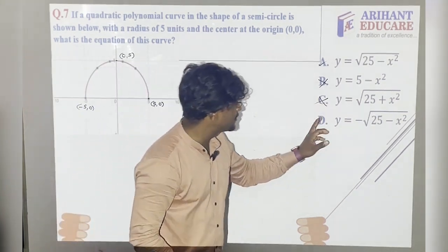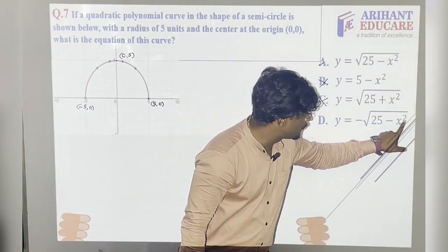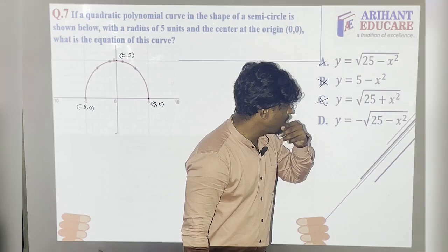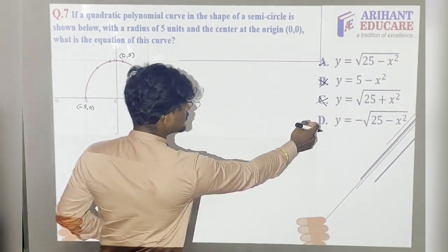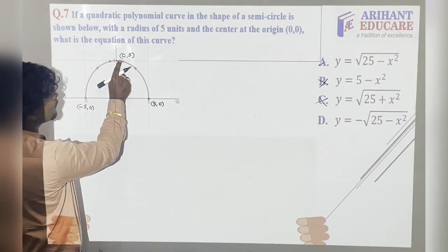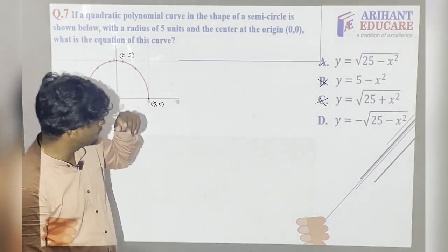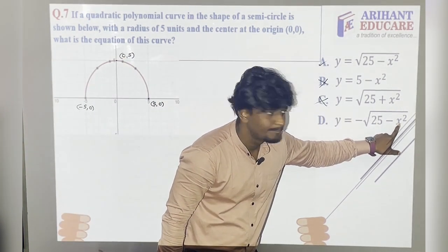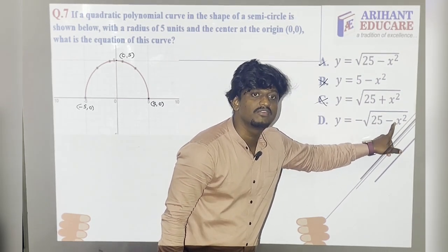Let's go for option D. When I put 5 for x, 5 square is 25, 25 minus 25 is 0, and root of 0 is 0. 0 is neither positive nor negative, so this point is satisfied. Let me check 0, 5. When I put 0 for x, 25 minus 0 square is 25, and root of 25 is 5.